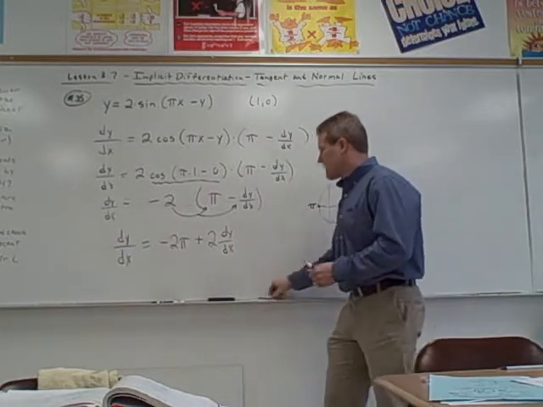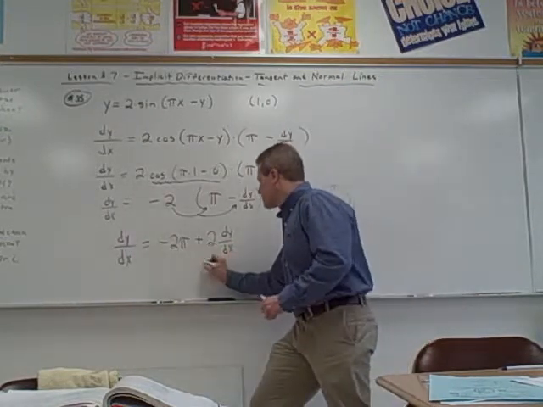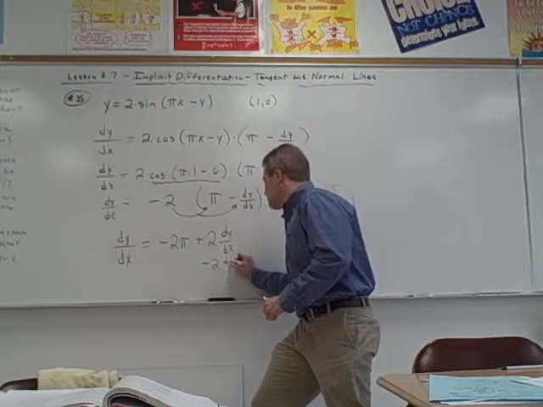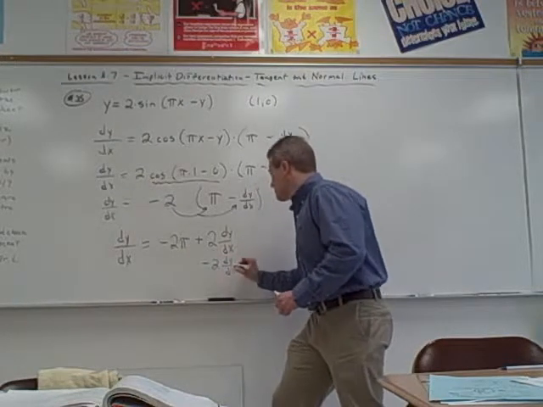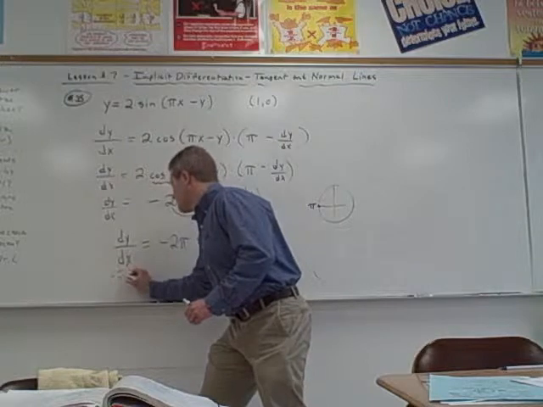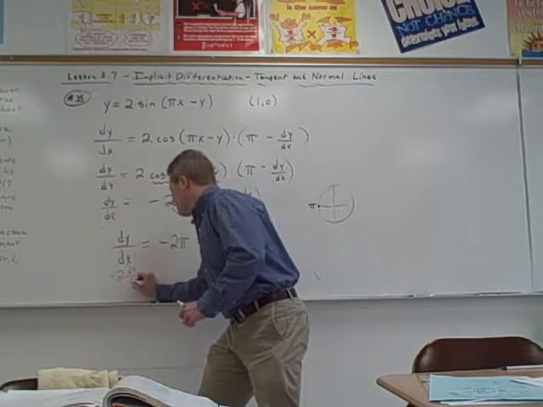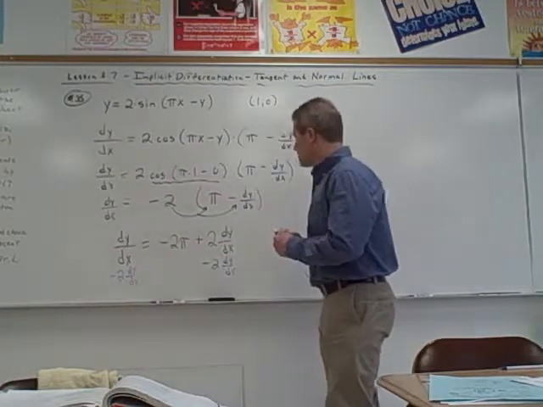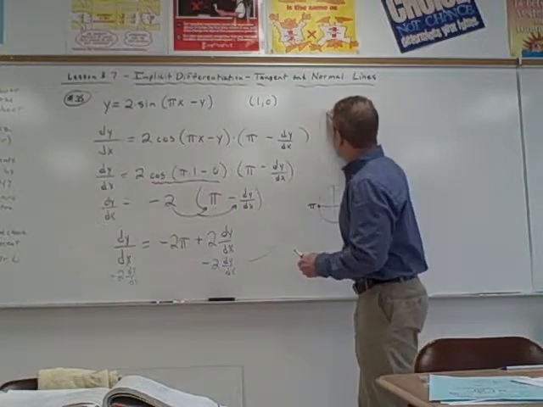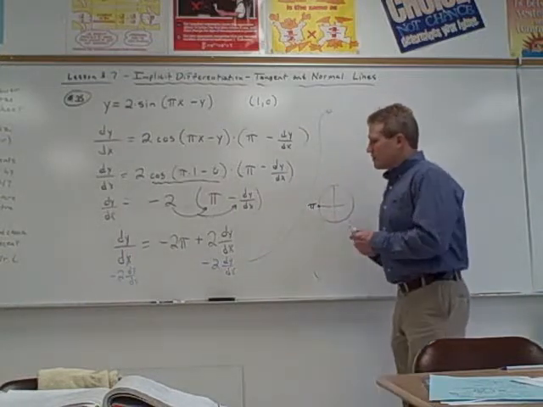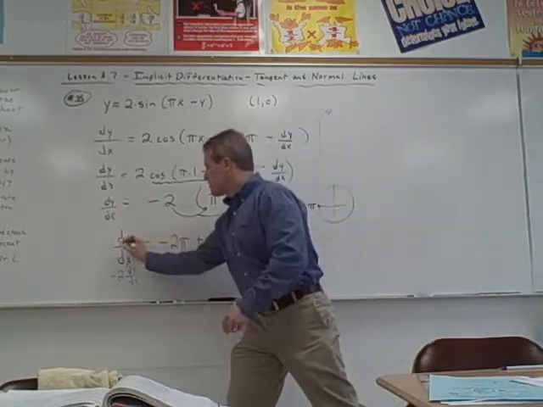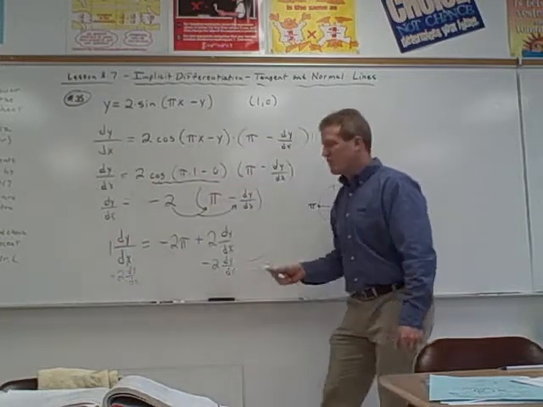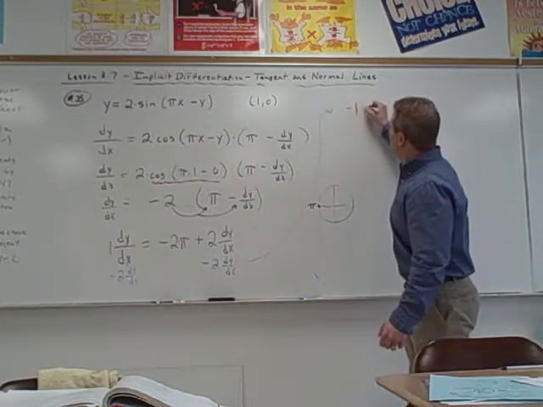Now I'm going to subtract 2 dy over dx off both sides, because I really want to know what 1 dy over dx equals. If I do that to both sides and bring that answer up here, we can see it better. This is 1 dy over dx minus 2 dy over dx will be negative 1 dy over dx.